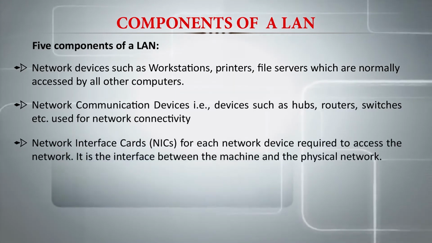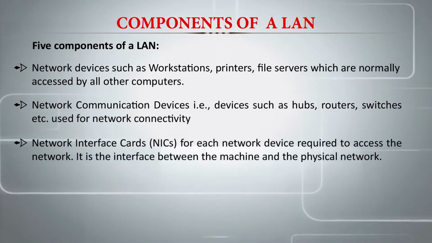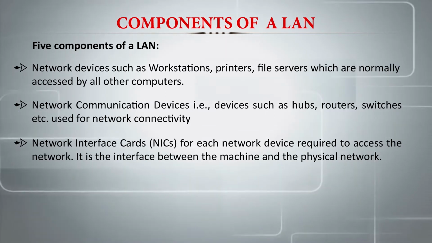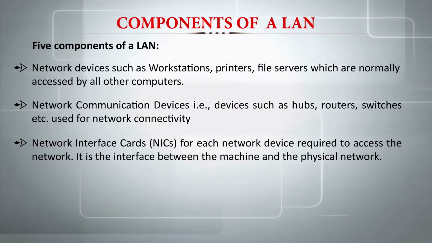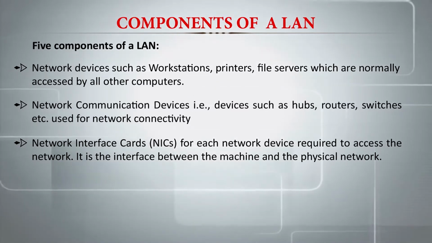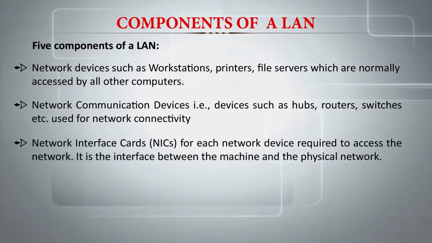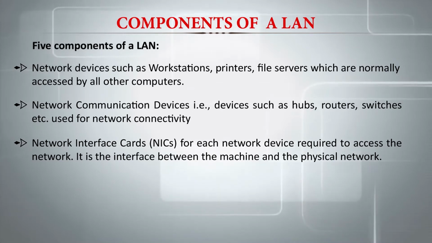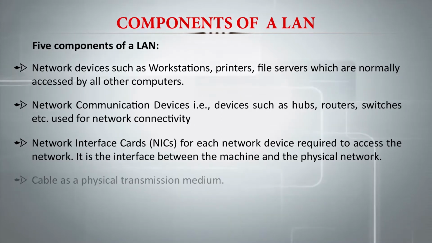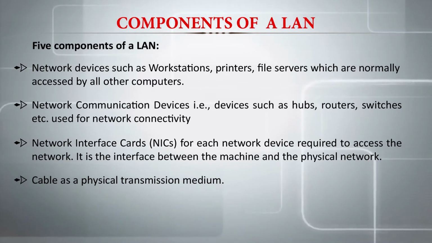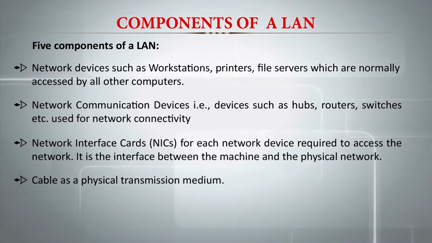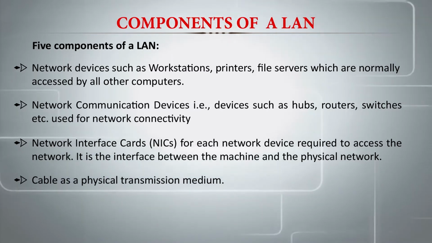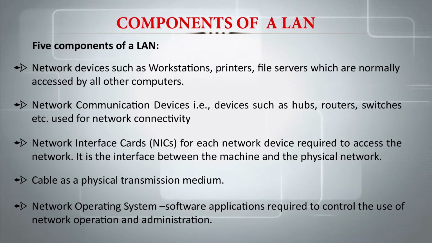And there is a network interface card, required for each network device to access the network, and it is the interface between the machine and the physical network. Just recall, we have discussed the network interface card as a component of data communications, and every machine today has a slot for the network interface card, so you just place it there. Cable as a physical transmission medium, and a network operating system. So these whole components make a LAN. Let me repeat again. Network operating system, from the software side.